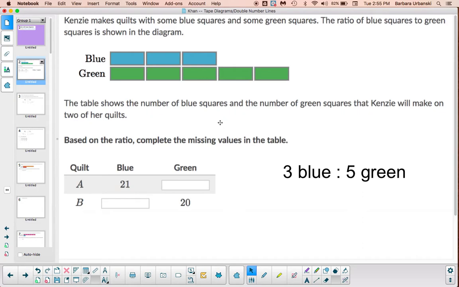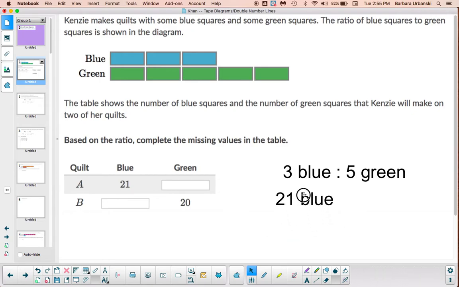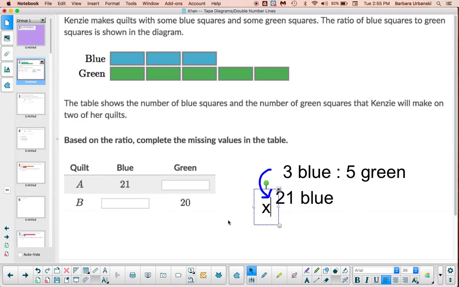If you take a look at quilt A, they're saying that there are 21 blue. So I'm going to go ahead and put 21 blue. Easy enough. They're giving you that information. And now they want to know how many green. If you take a look at your ratio, you would ask yourself, how do I get from 3 to 21? Well, you would multiply by 7.